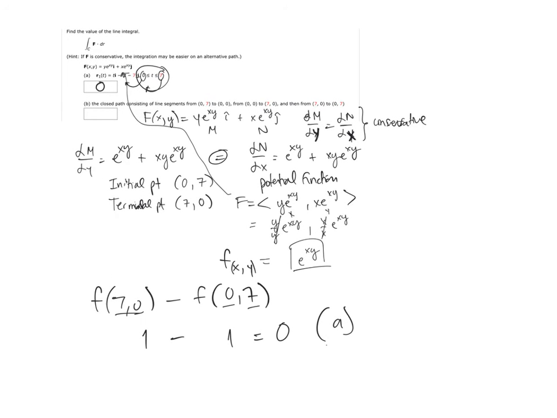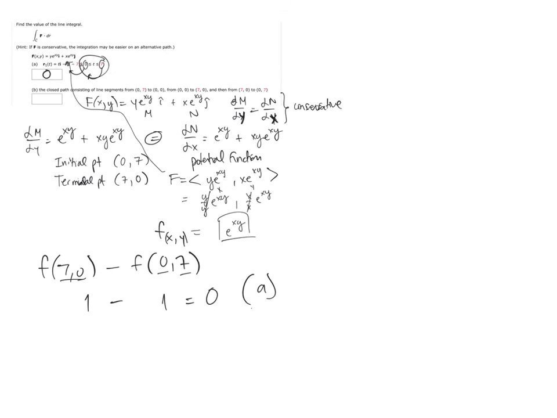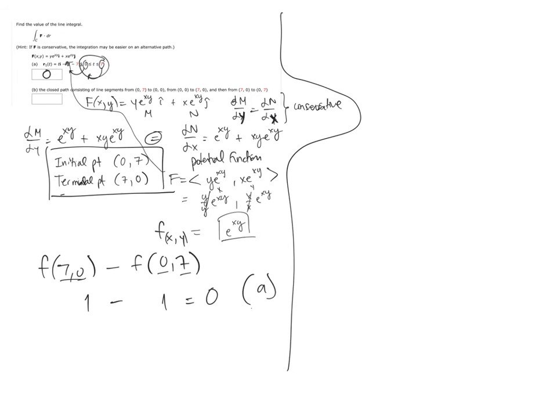B states that the closed path consists of the line segments from (0, 7) to (0, 0), from (0, 0) to (7, 0), and from (7, 0) to (0, 7). As you can see, they are symmetric, like our A question, where the initial and terminal points are flipped from each other. But we're gonna find this by separating each part into C1, C2, and C3.